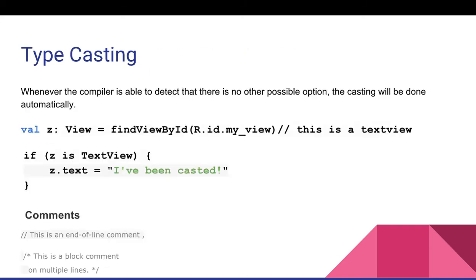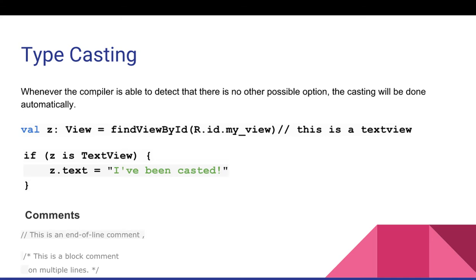Typecasting. Friends, what is typecasting? Typecasting is required in our programming when we are converting one data type to another data type. Whenever the compiler is able to detect that there are no other possible options, the casting will be done automatically in Kotlin. That is an awesome feature in Kotlin.